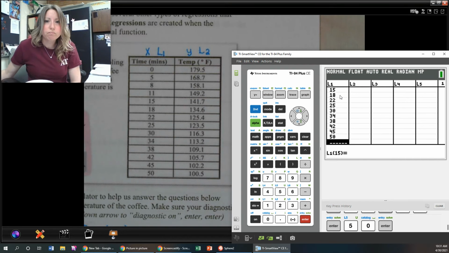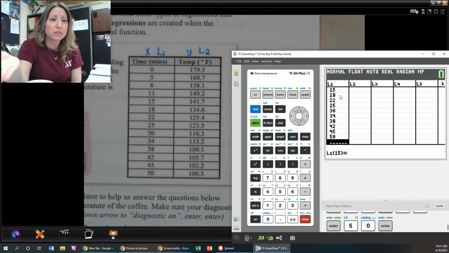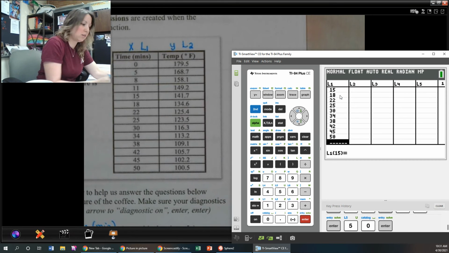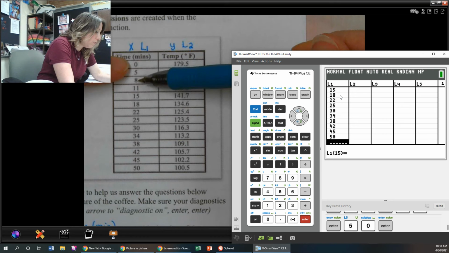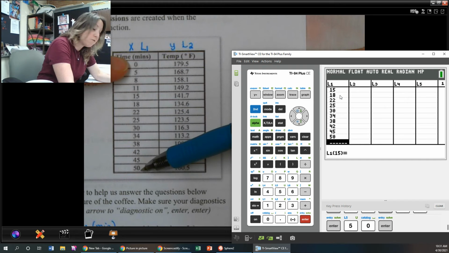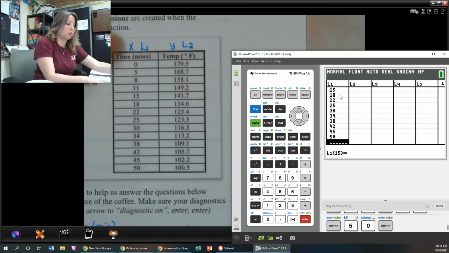Okay. Let's just double check. This says we've entered 14 data values and it is now asking for my 15th data value. Let me double check: 1, 2, 3, 4, 5, 6, 7, 8, 9, 10, 11, 12, 13, 14 data values.